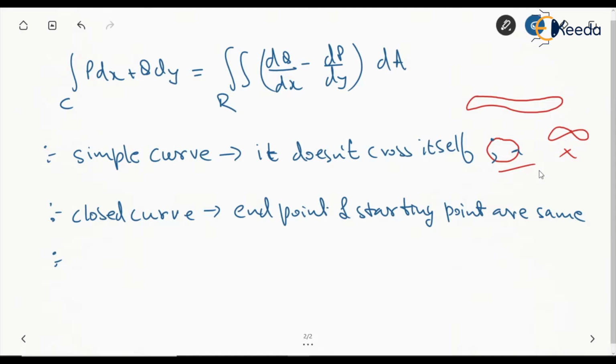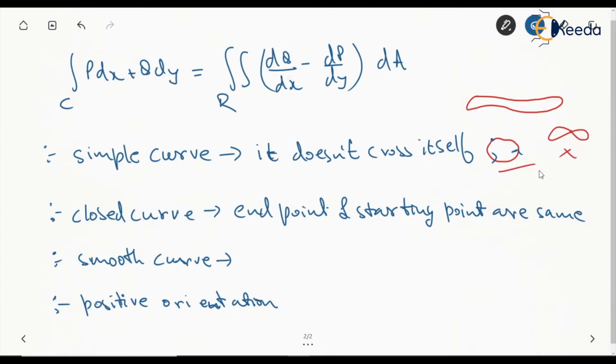Smooth curve and positively oriented. So a smooth curve is one having a finite number of corners, corners in the sense where the tangent is not defined.